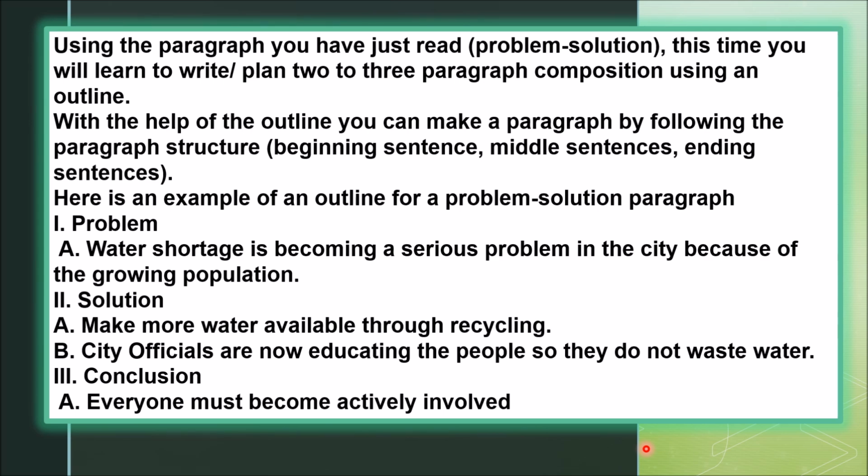Okay, so this is an outline for a problem solution paragraph. So you can make a paragraph out of this because in this outline there is already a problem and it emphasizes the given problem there.